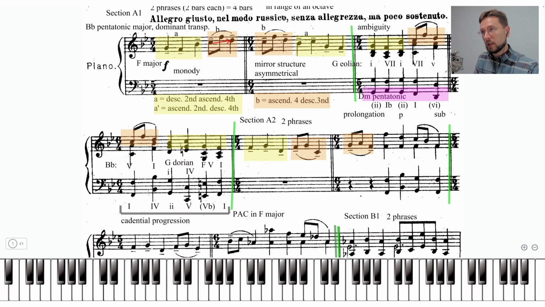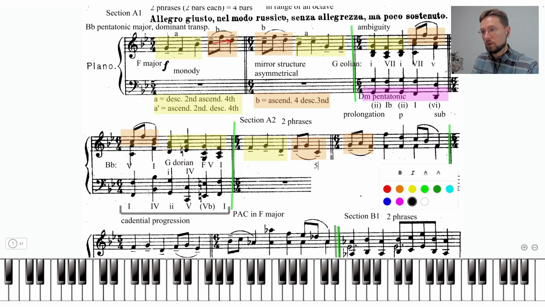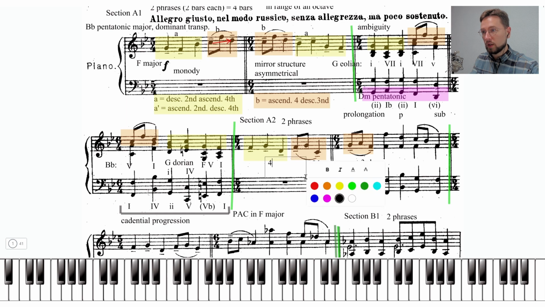But at the same time, it's a different intervallic presentation. So we have a fifth, and here we have a third, right? And that's the modulation or transformation, intervallic transformation that we have from the fourth. So first he extends, and then he contracts.